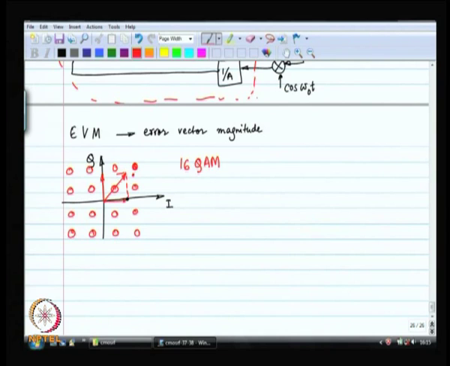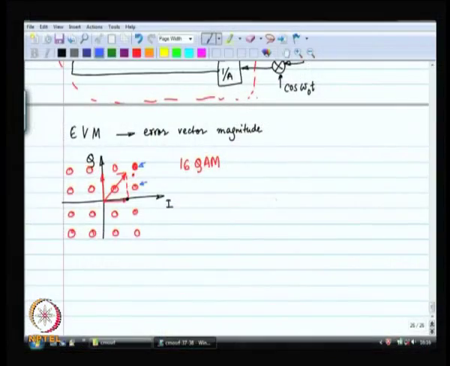Now, the decision as to whether this particular symbol belongs to this or this, if that decision is clear, then you have met your EVM requirements. If that decision is wrong, then you have not met your EVM requirements.